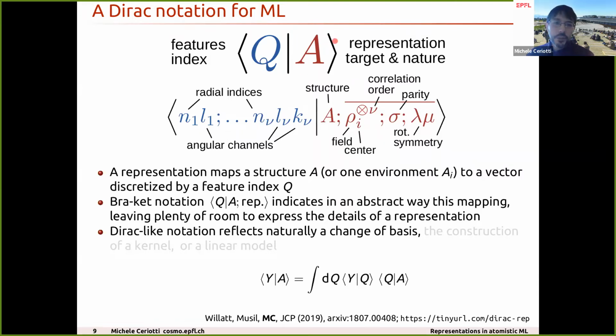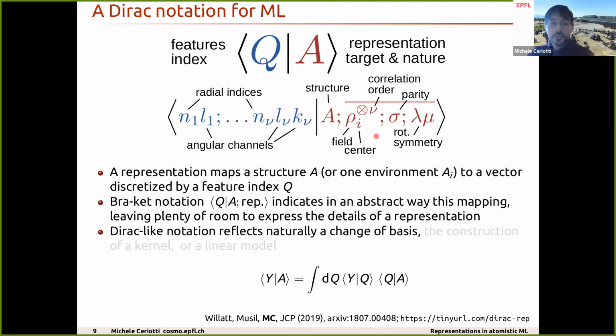Essentially, since we will have a load of indices to deal with, notations in which indices are put at the pedex become very, very hard to read. So instead, we are using a notation in which the entity, the object that we're trying to describe, is on the right side of the bracket. And on the left-hand side, we have the indices that enumerate the features.